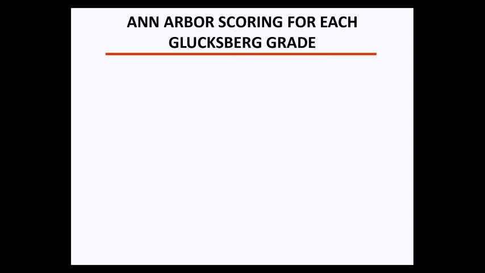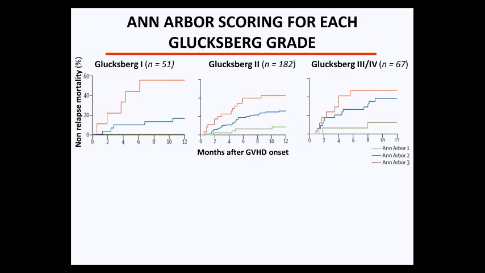ANOVA scoring for each one of the Glucksberg grades. I think this is a very important slide. As you can see here, I have the Glucksberg 1, 2, 3, and 4. Grade 1 is considered to be a benign disease in terms of clinical manifestation of GVHD.